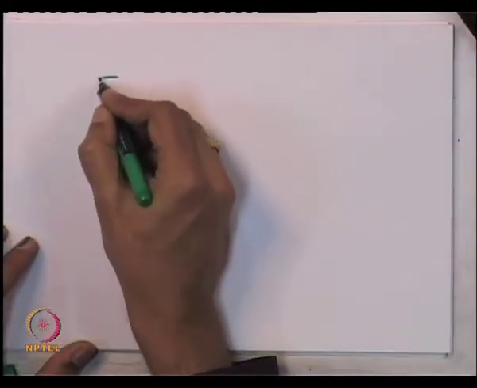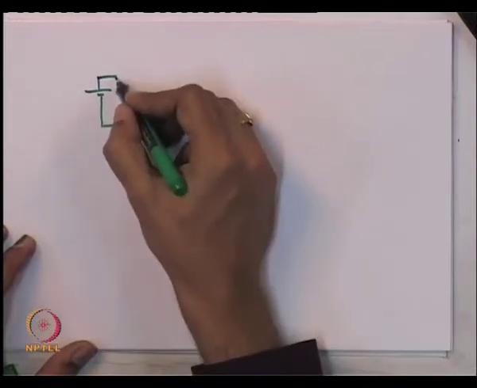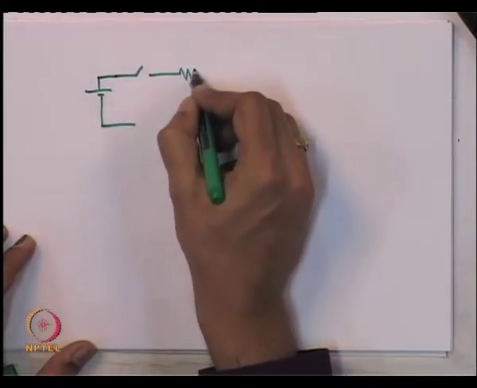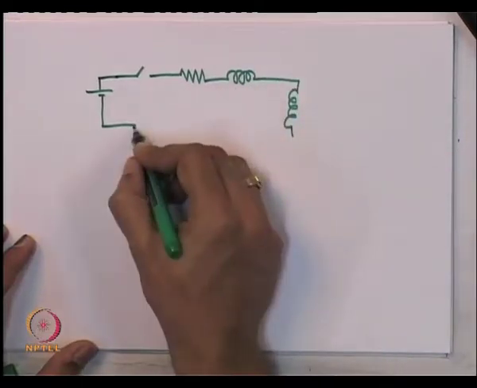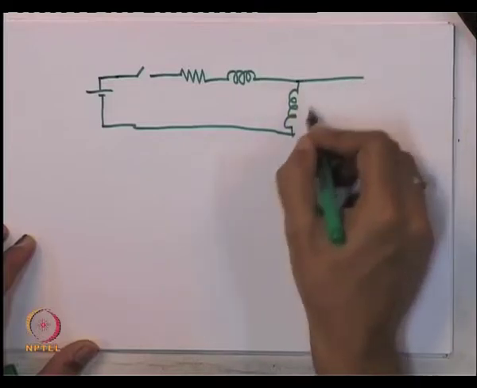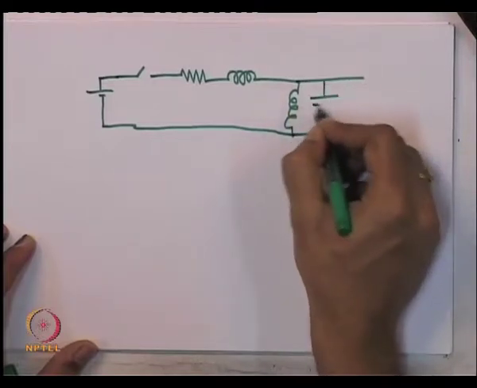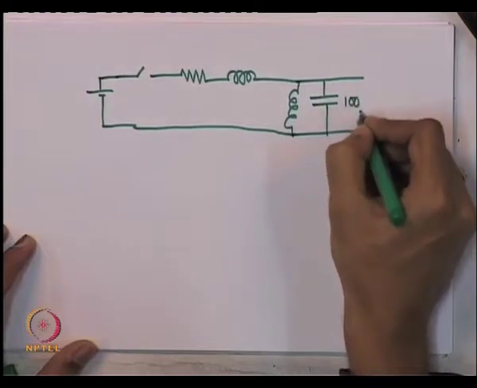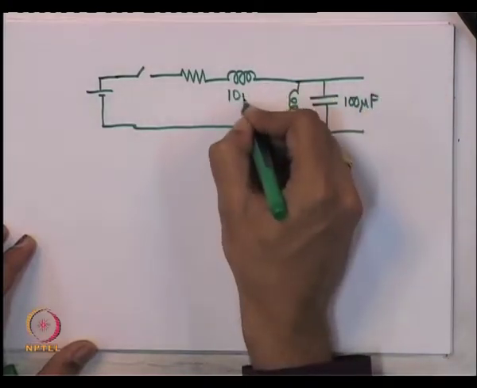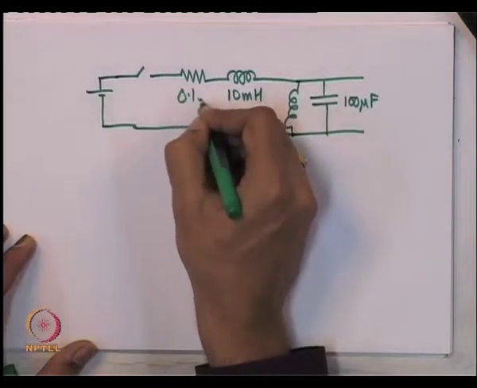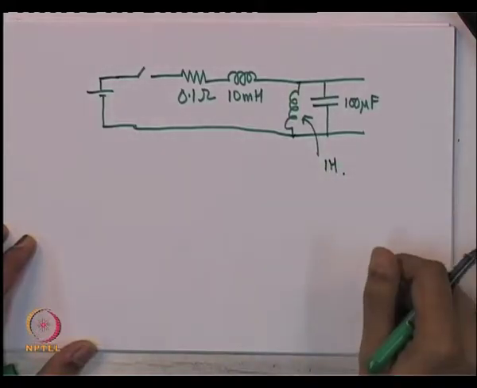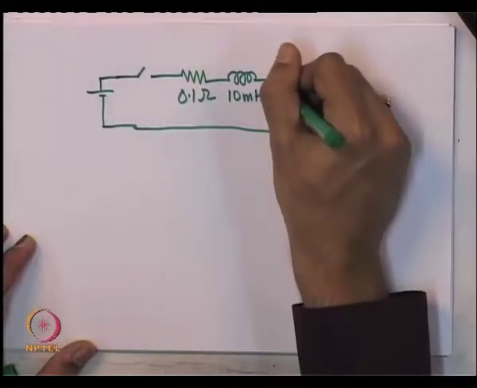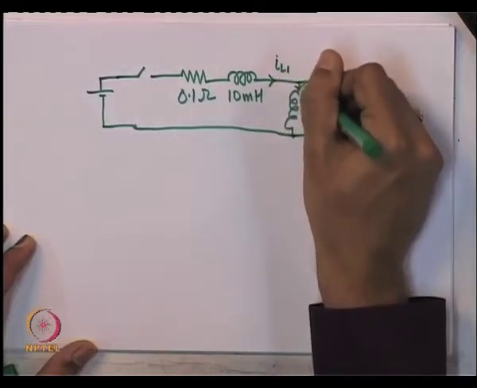So, we will redraw this circuit. So, what we see is this in IL1 is this and IL2 is this.